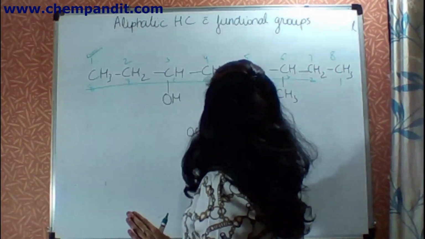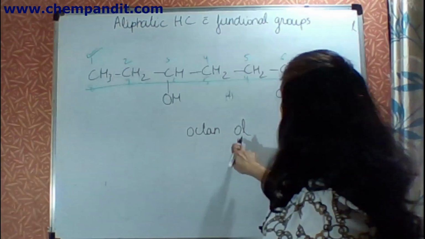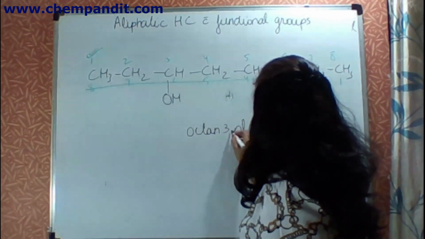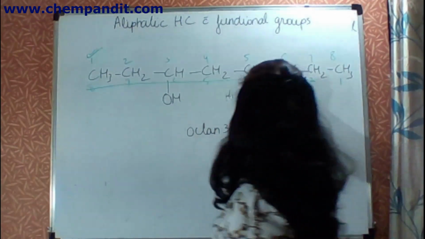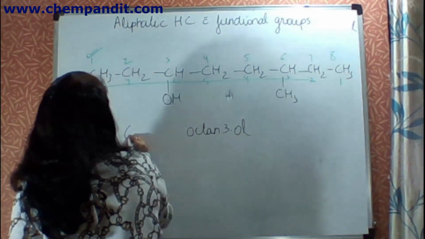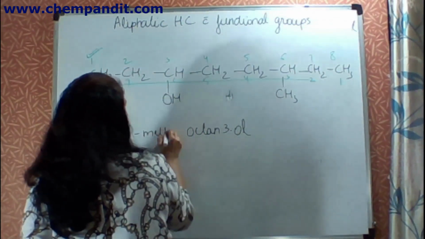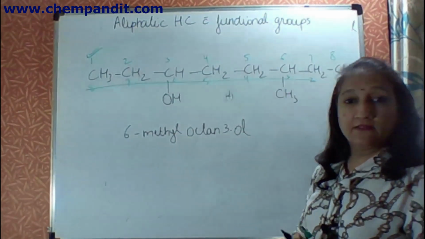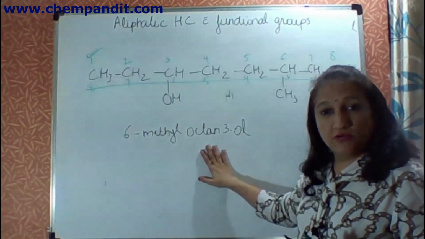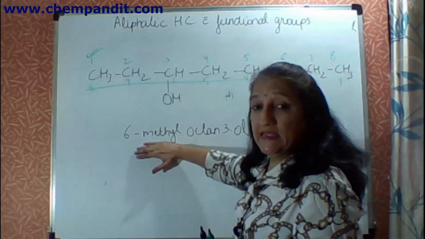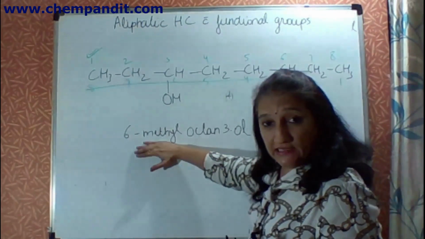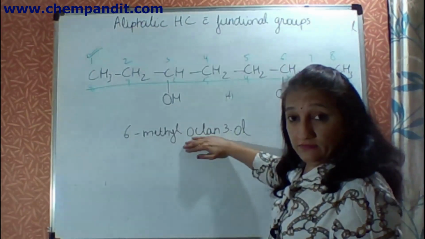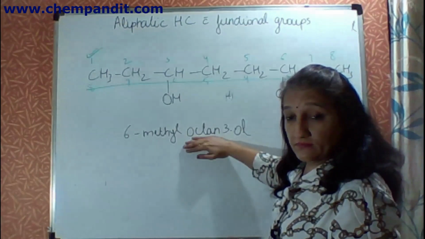The alcohol is at position 3: octan-3-ol, and 6-methyl. The substituent is written as a prefix before the name of this alcohol. So in this case, remember octane is the word root, ol is the secondary suffix, and methyl is the substituent which is to be mentioned before the word root.